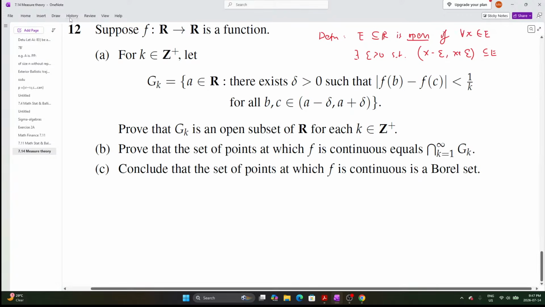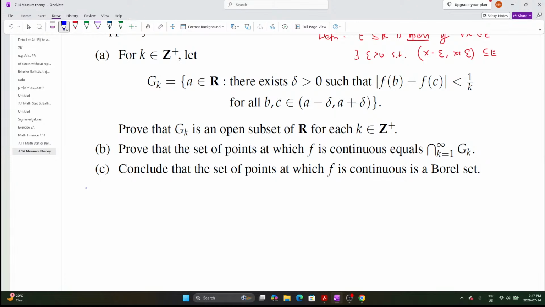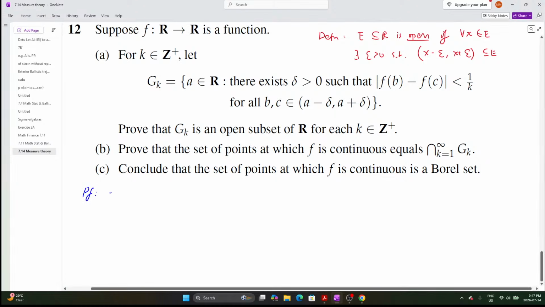So let's use that definition to prove G_k is an open subset. Proof. Let k be in Z plus. We want to show that G_k is an open subset.